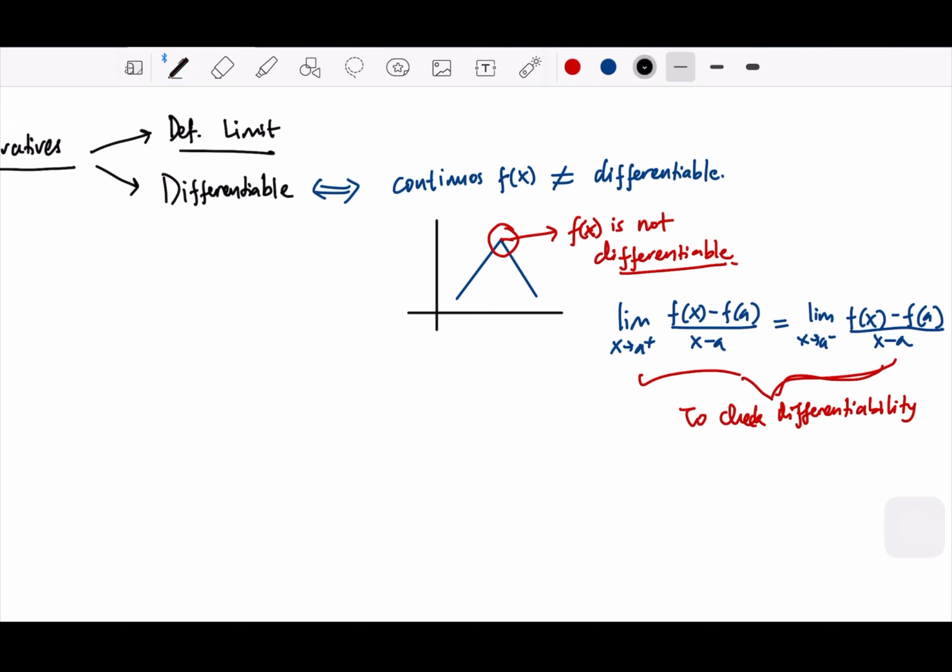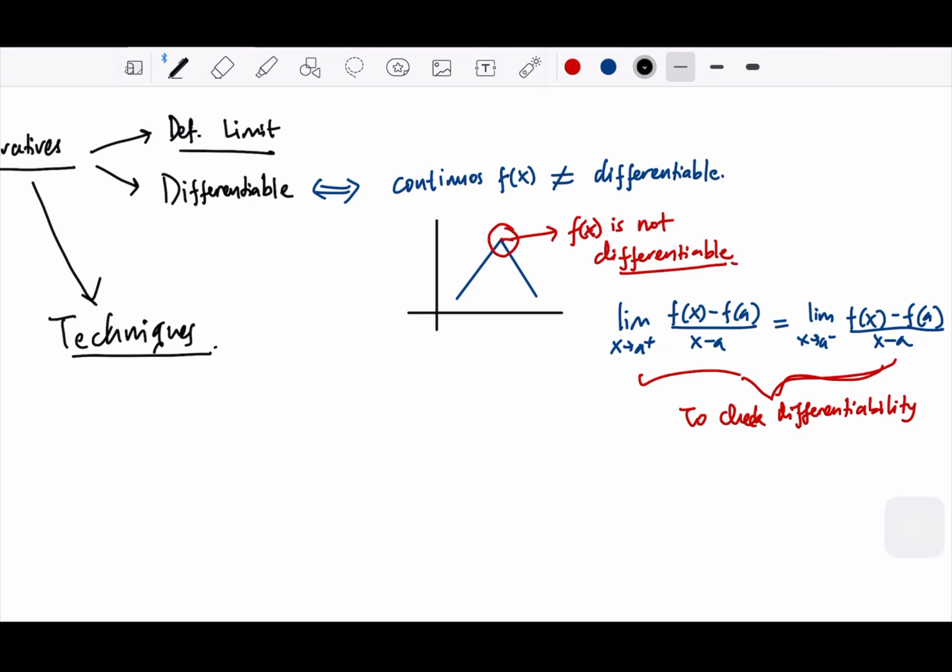And the most important thing in derivatives, I think, is the technique. The technique that I can assure you will be carried on in future courses, and I think you have experienced some of the techniques in other courses as well.